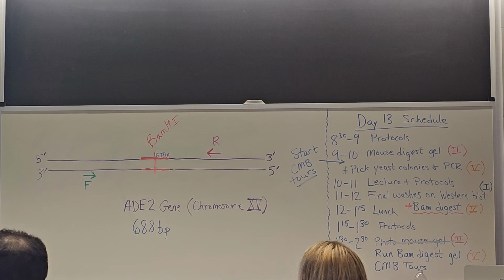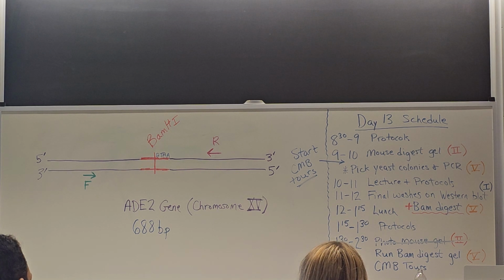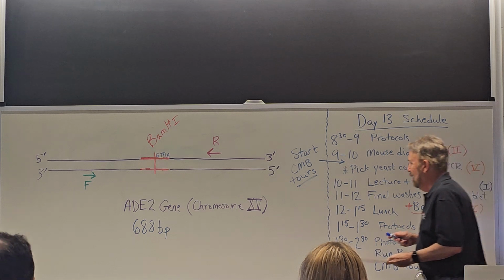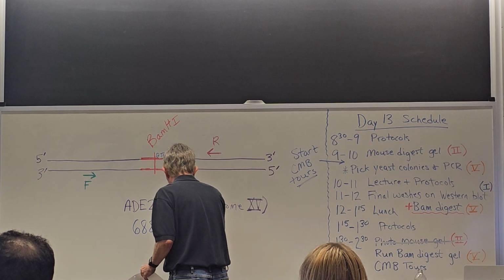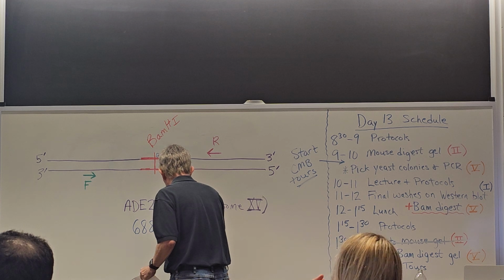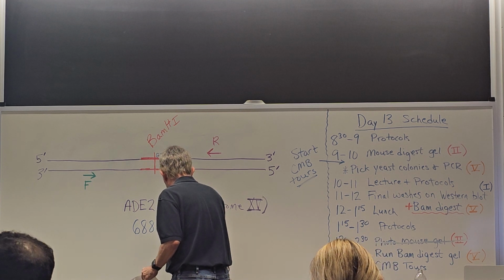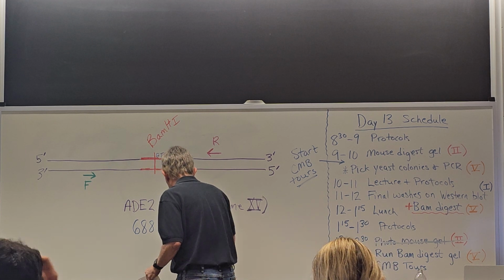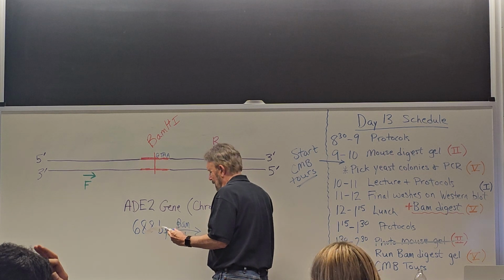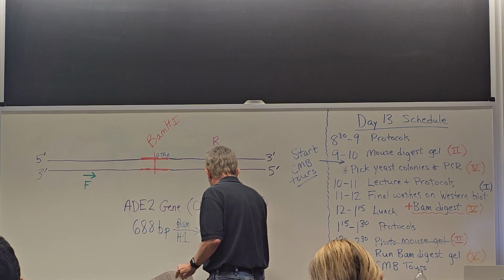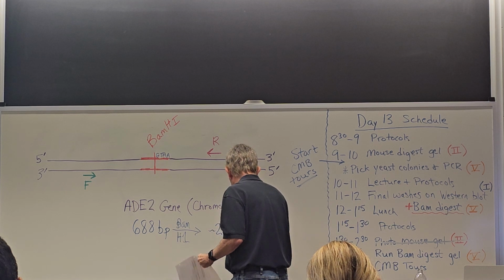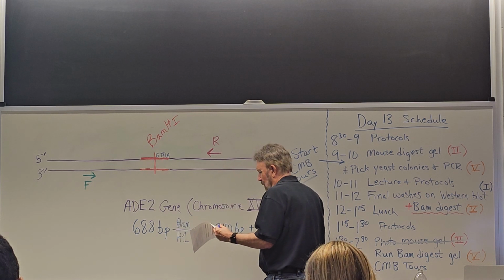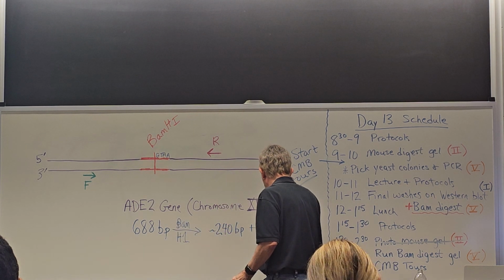When we cut the PCR product with BamHI, we're going to get a product we saw on Nicole's sample yesterday. We cut with BamHI, we get one fragment that's 240 base pairs roughly, and another one that's 450 base pairs.